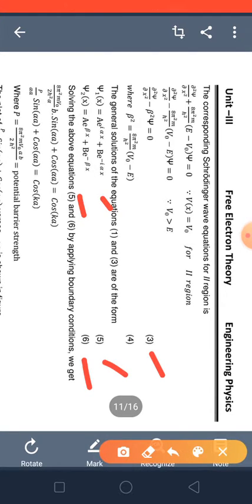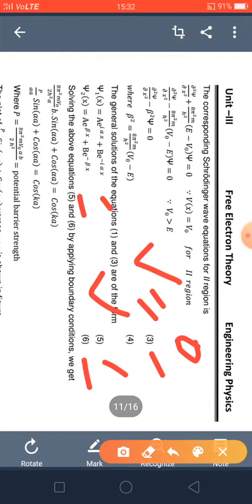By solving equations 5 and 6 by applying boundary conditions, what was the boundary condition? There are two regions where in one potential is equal to 0, and in the second region potential is maximum, that is V naught.